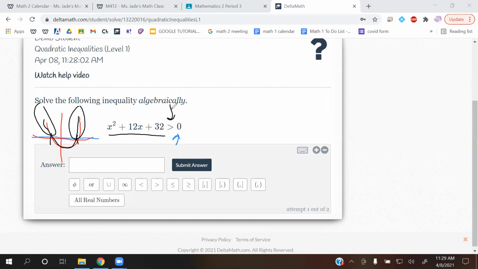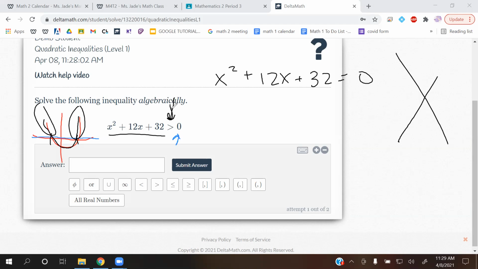So how do we find it out? Well, first treat this like it's a normal quadratic that's set equal to 0. Just pretend it says equal to 0. I know it says greater than, but we're going to pretend it says equal for now. And then you can do the x factoring method. Do you guys remember that? On the top, you take this number 32 and put it here.